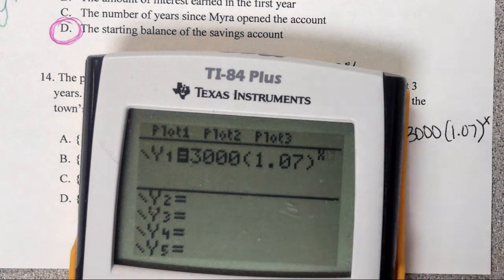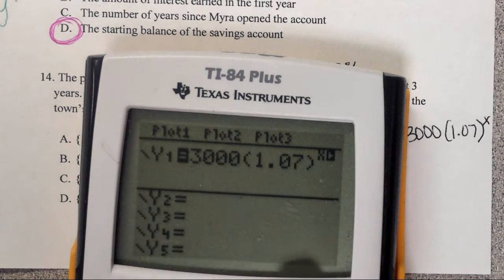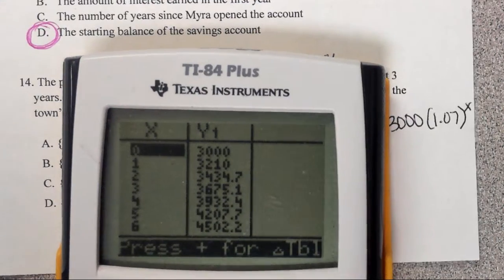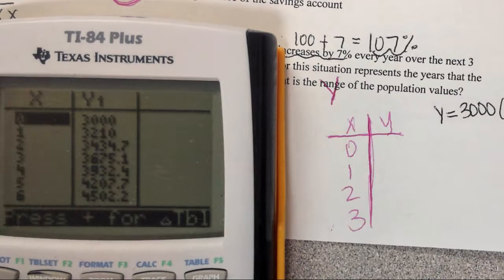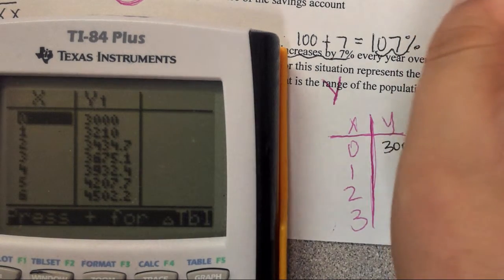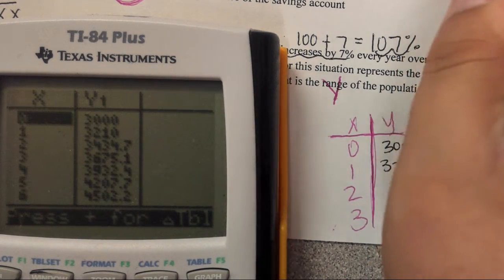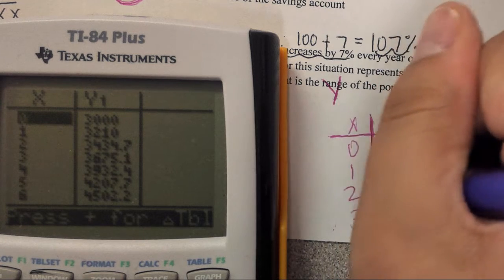Come on, come on. All right, second graph, and I want to fill in my table for 0, 1, 2, 3. So 3,000, 3,210.